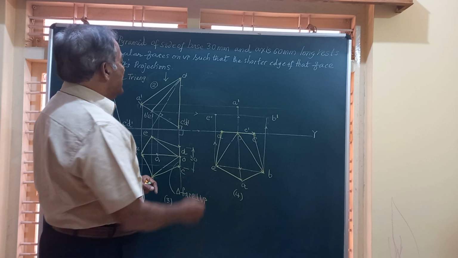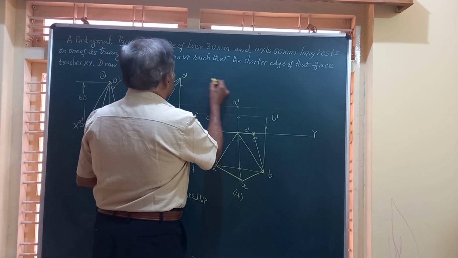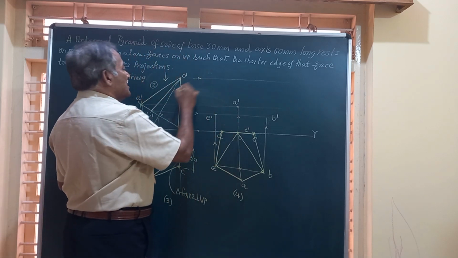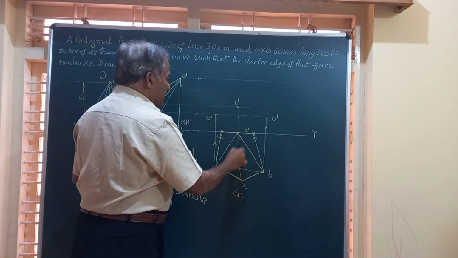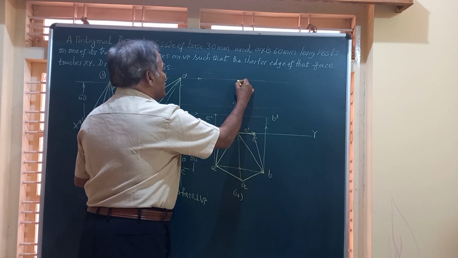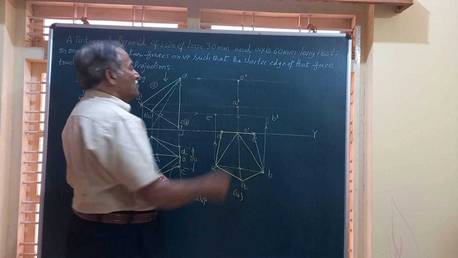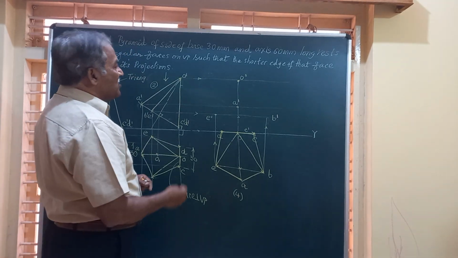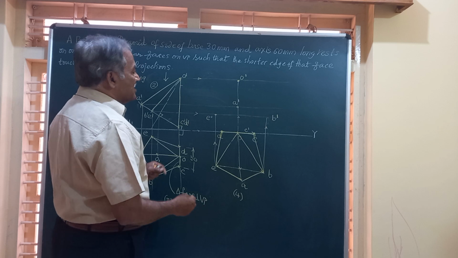Now finally obtain O dash, the vertex. Friends, it's very simple. Draw a horizontal line through O dash, a vertical line through this. The point of intersection of these two will give you point O dash. O dash is the vertex in the front view. So friends, we'll join O dash to all the corners.